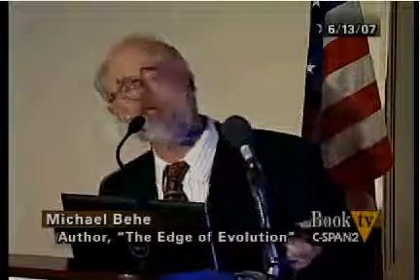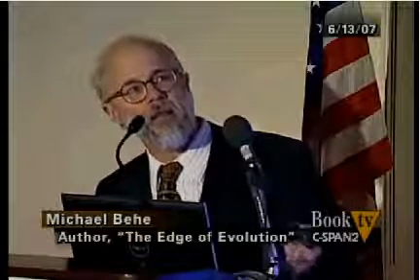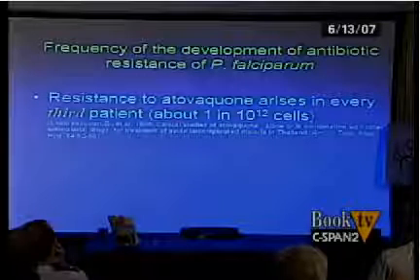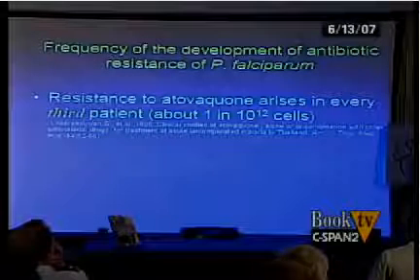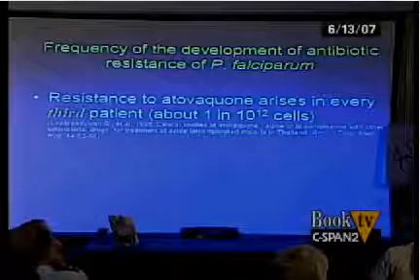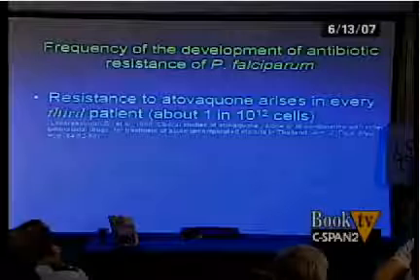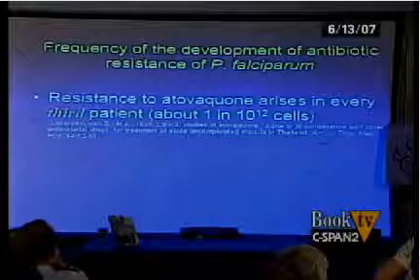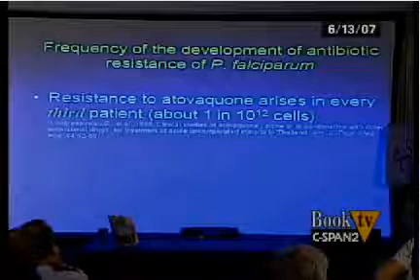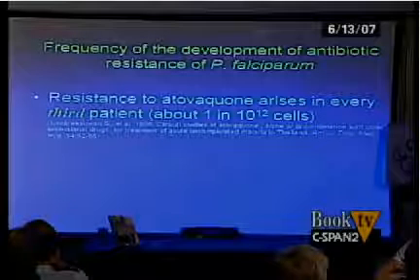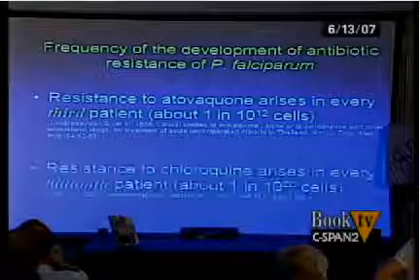For example, here's the frequency of development of resistance to 2 different antibiotics by the malarial parasite, P. falciparum. There is one antibiotic called atovaquone. And it turns out that in a clinical study, if you give it to 3 patients, 1 of those patients will have spontaneous resistance due to a malarial parasite that had a mutation in it, because you only have to change 1 amino acid. So resistance pops up in about every 10 to the 12th cells. But if you have to change 2, you have to get them both right.